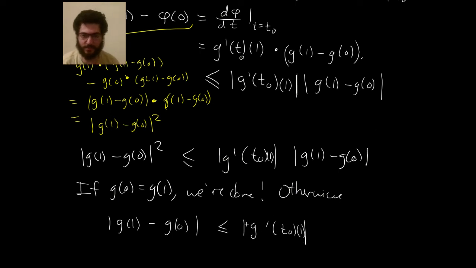But I had it with the 1 there, so I should be consistent. All right, and then notice that that thing on the left-hand side, that's f of b minus f of a. That's just because g is f composed with gamma.